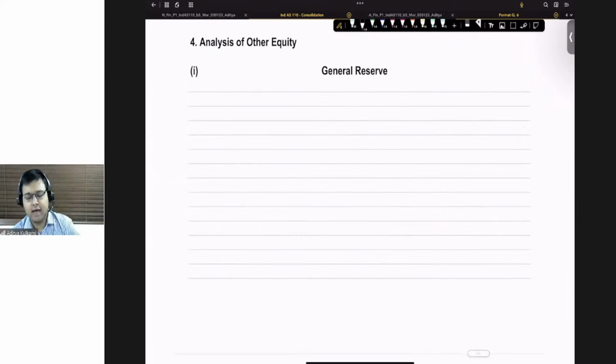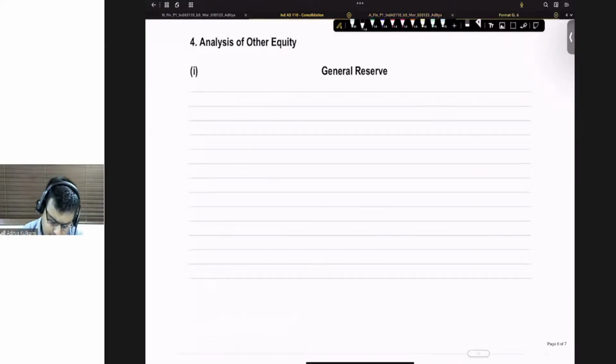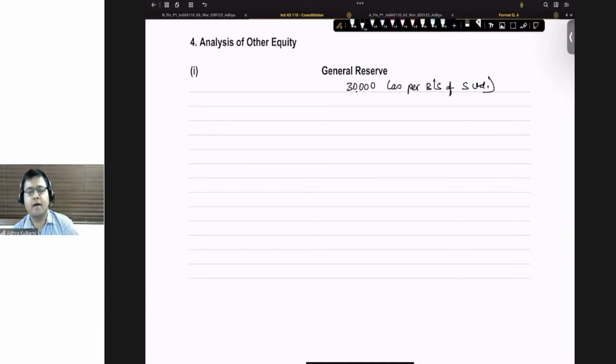Working note 4, analysis of reserves, other equity. Here the first one is going to be your general reserve. What is the balance on the date of consolidation? 30,000. So general reserve is 30,000 as per balance sheet of S Limited.